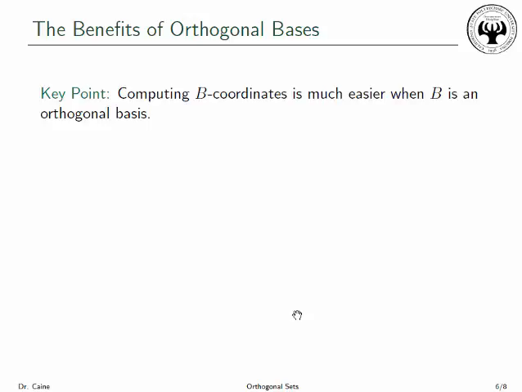Okay, so if we have a given basis and we want to calculate the coordinates of vectors in terms of that basis, we had a procedure for doing this. There's the B coordinates procedure where you can extract the coordinates, and this actually gives you an isomorphism from Rn to Rn.